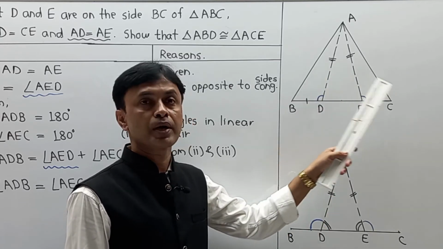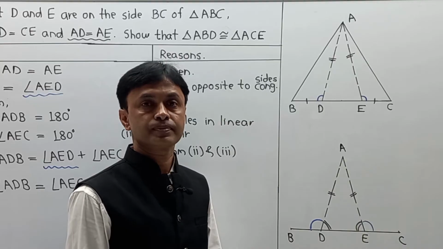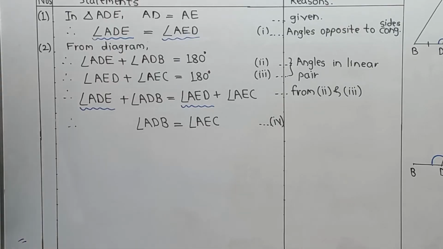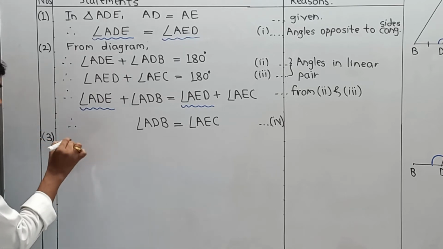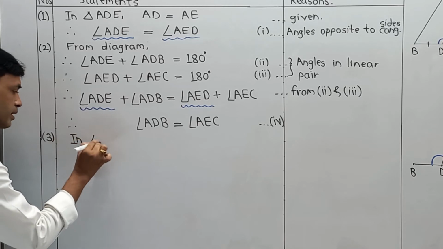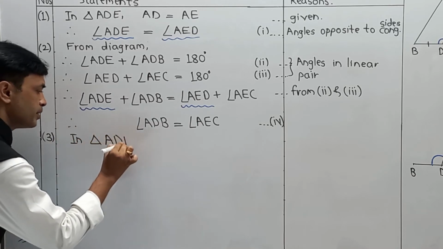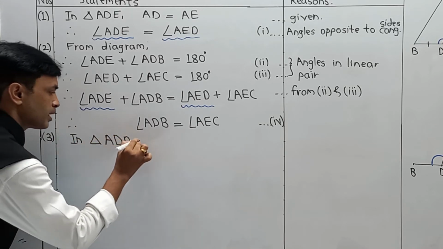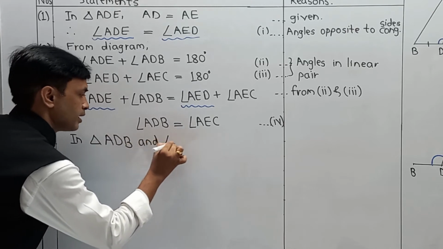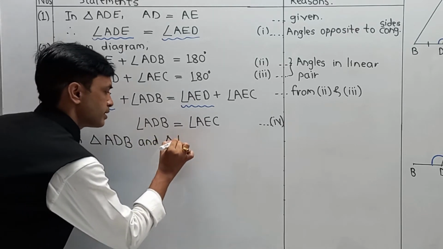And now this part we are going to write in group 3. So group 3, and the part is in triangle ADB and in triangle AEC.